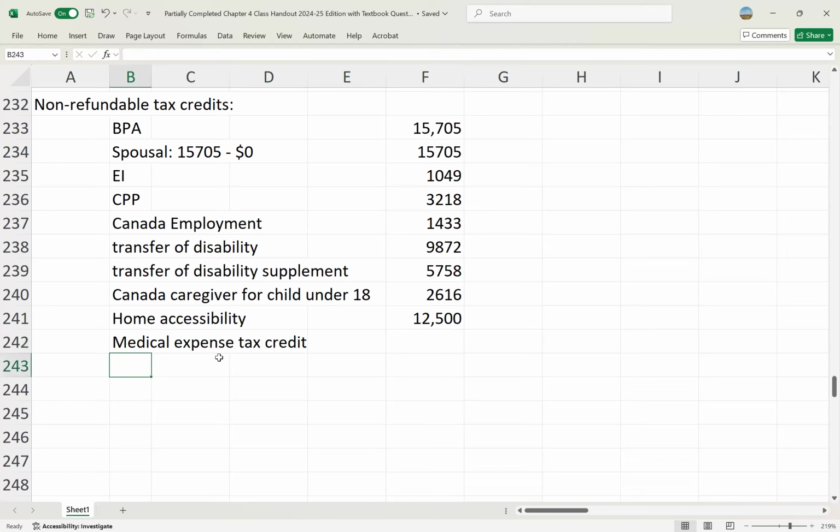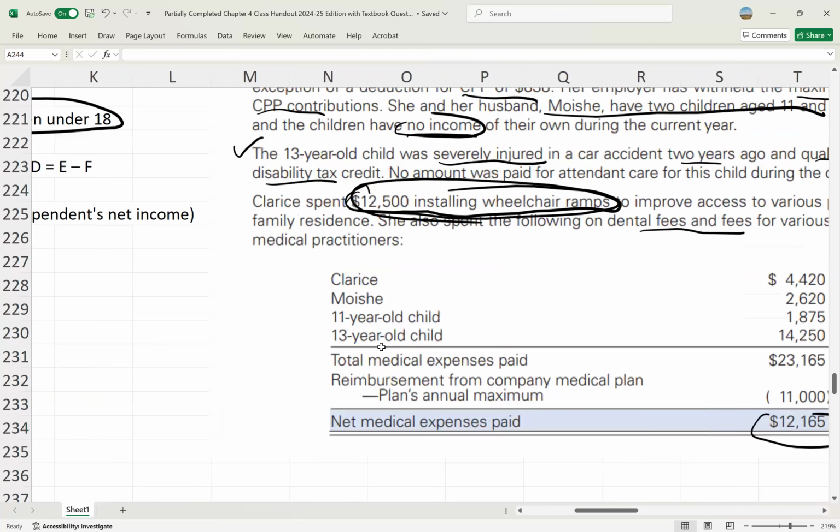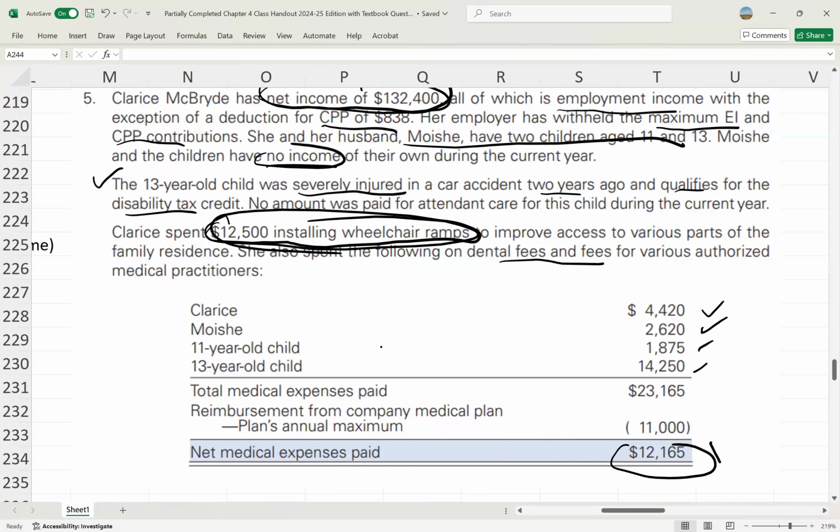B is, once again, all the medical expenses for the taxpayer, the spouse, and children under 18. And so we go and look at our question. That's going to be the 12,165. That's the amount that Clarice paid for.